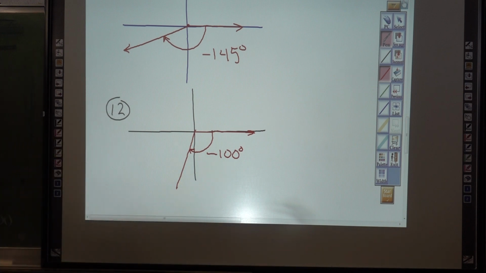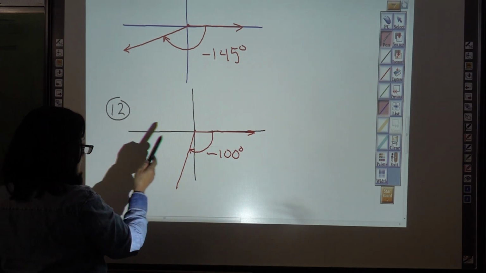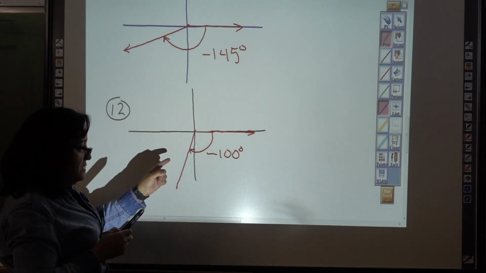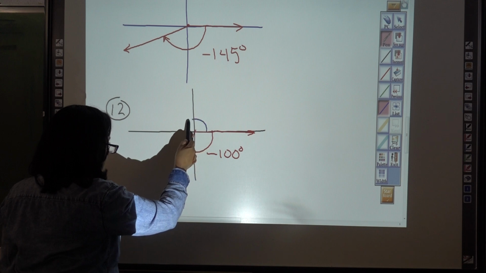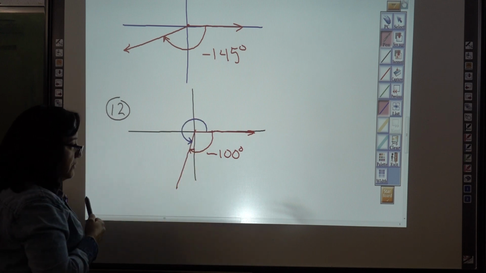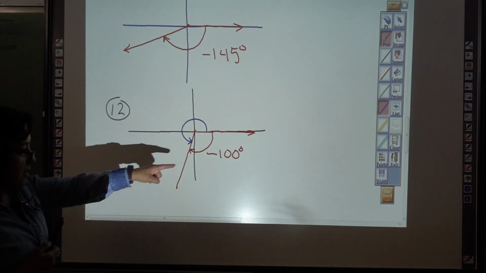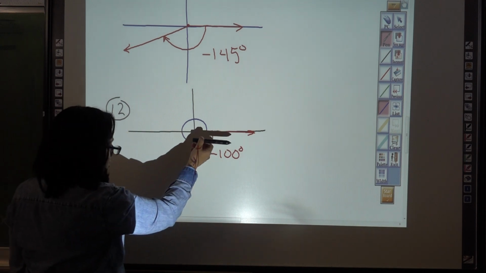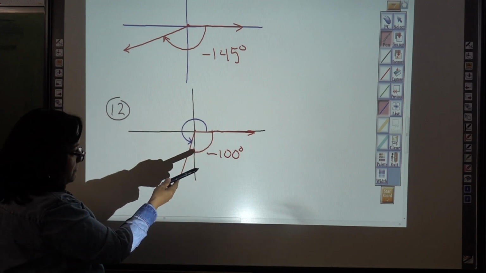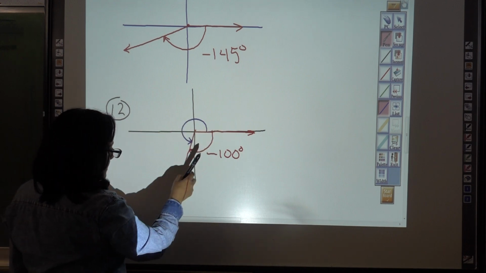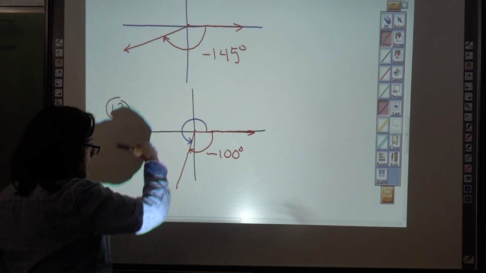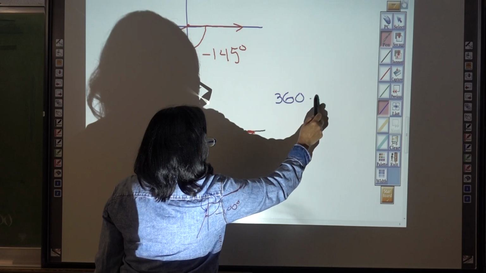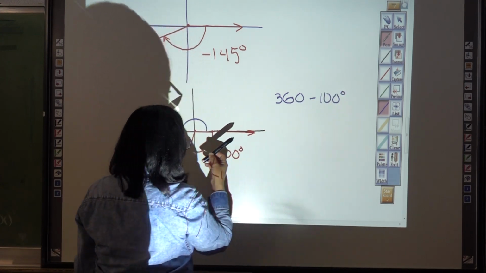And how is the other one going to be? Well, the other one has to have the same initial side and same terminal side. So it has to be this, right? Negative 100 is the one given, and the other one starts right here. You tell me how much this is going to be. Because this is 100, the whole thing is 360. So you go 360 minus 100 degrees, and it has to be positive, right?